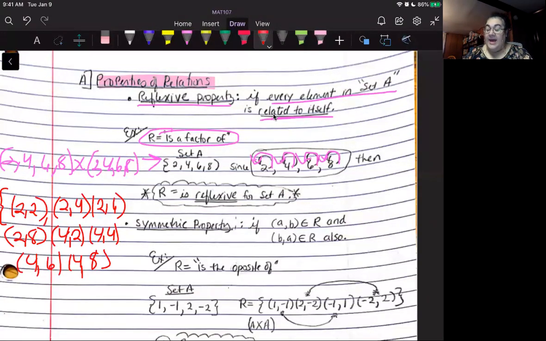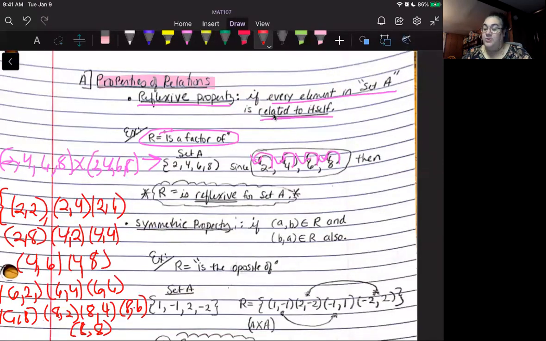Then we have 6, so we'd have 6, 2, 6, 4, 6, 6, and 6, 8. And then you have 8. We're at the bottom now, so we have 8, 2, 8, 4, 8, 6, and 8, 8.